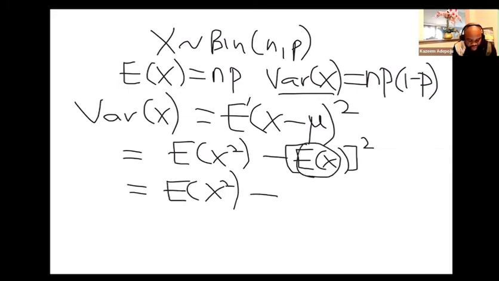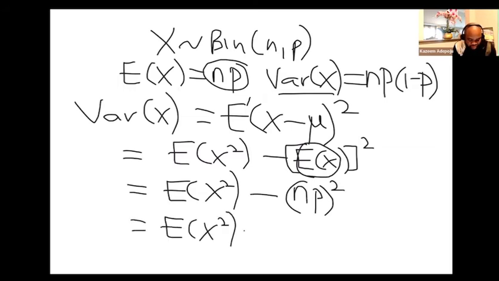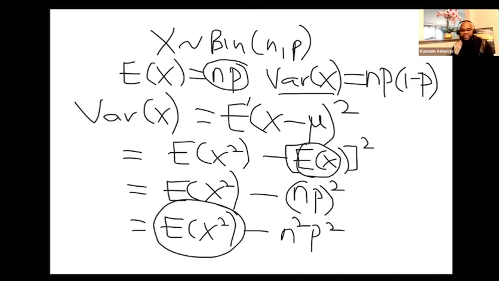For binomial, the expected value of X is np, so I'm going to have n squared p squared. So here I have the expected value of X squared minus n squared p squared. But what I need to figure out now is the expected value of X squared.